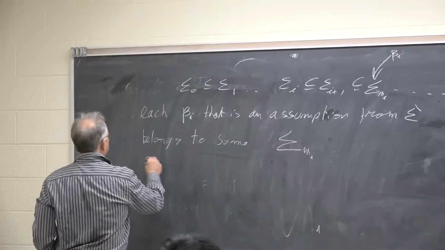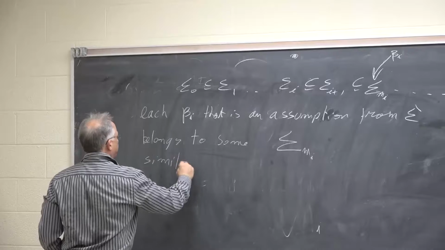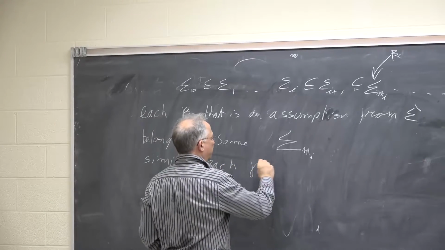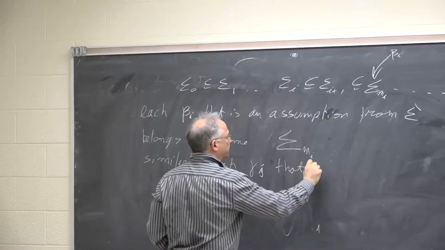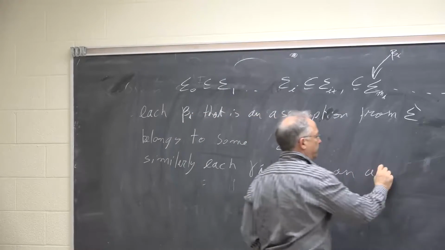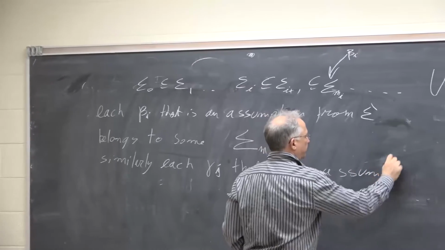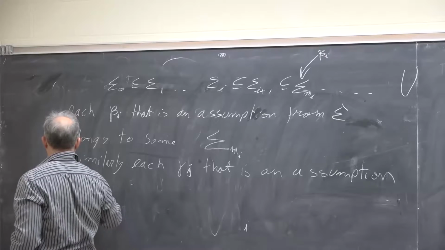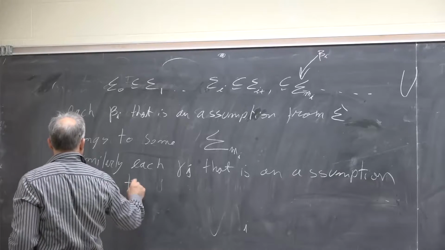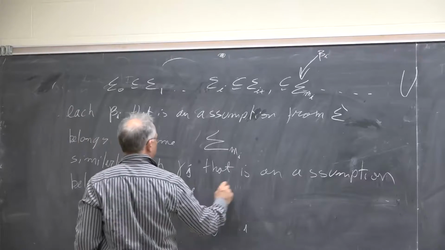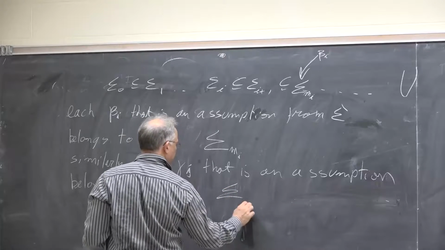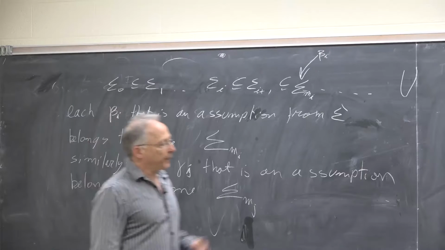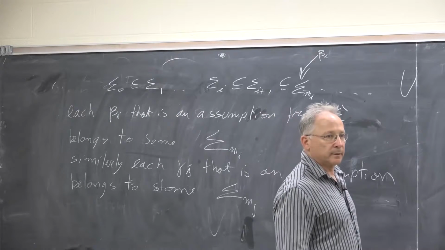And similarly, each gamma j, say, that is an assumption belongs to some sigma m j. Now, there are finitely many of those.